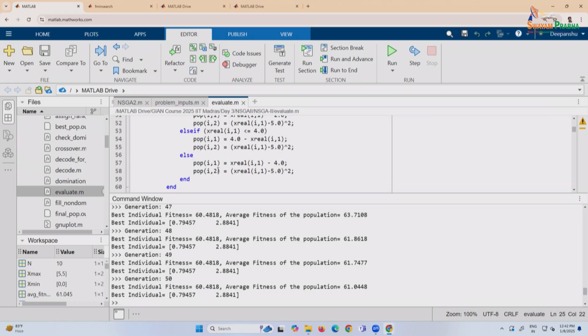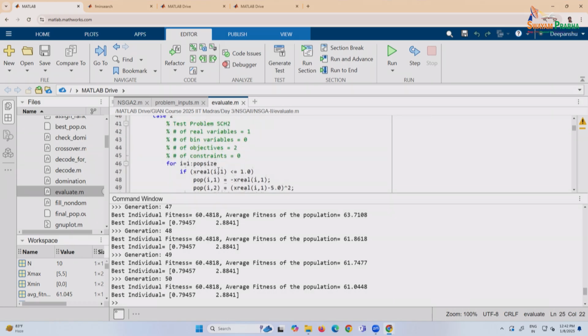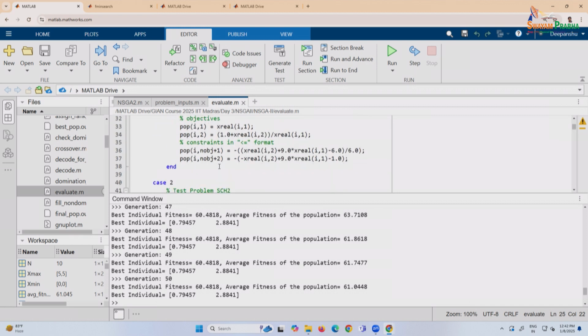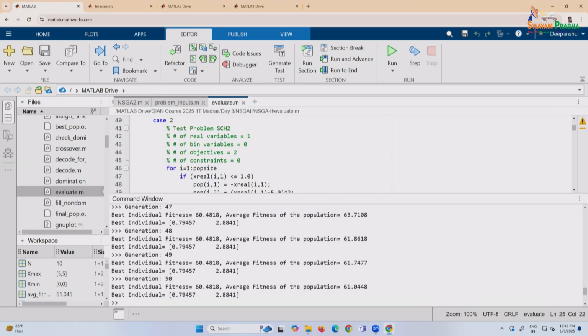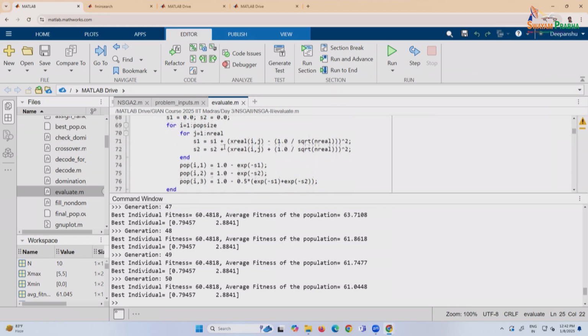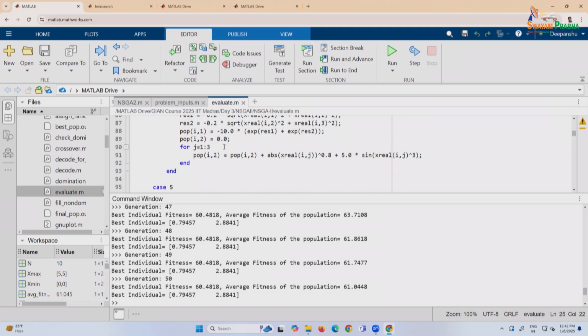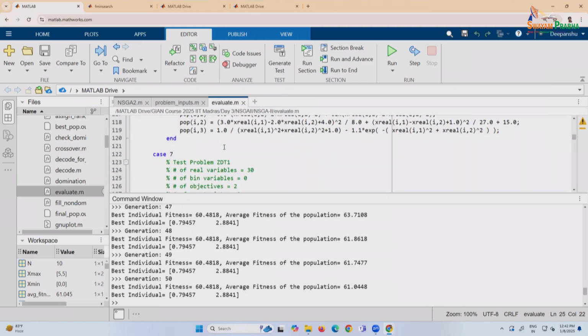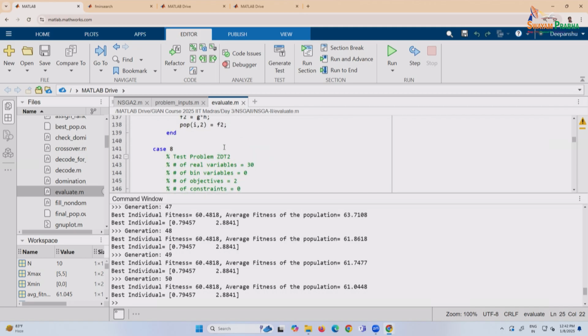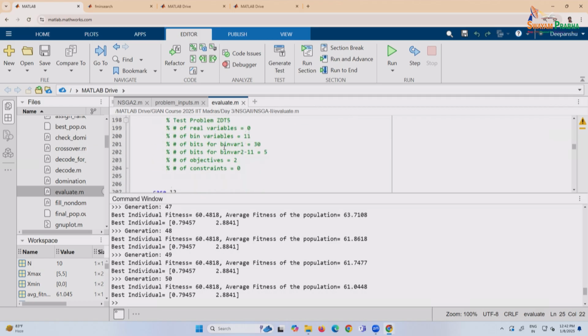I want to have one with a constraint. Case 1, no. Schaffer function has no constraint. Fonseca has no constraint. Kursawe also has no constraint. These have no constraint. ZDT1, ZDT2, 3, 4, no constraint.